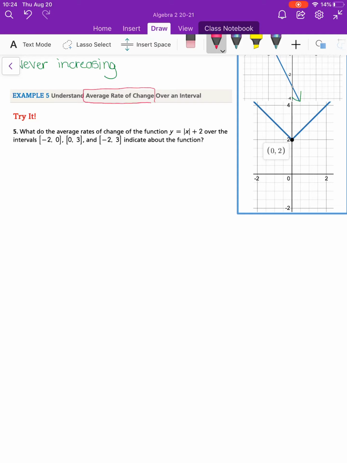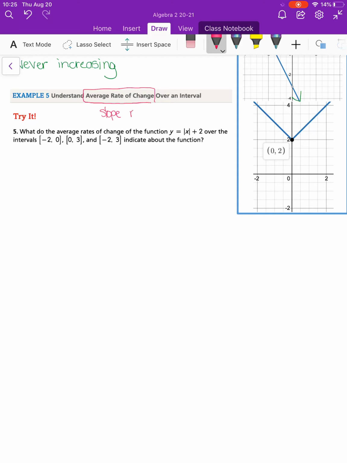That's just another word for slope, which I really hope that you have heard before, because if not, we're in trouble. You may remember that slope is m equals y2 minus y1 all over x2 minus x1.